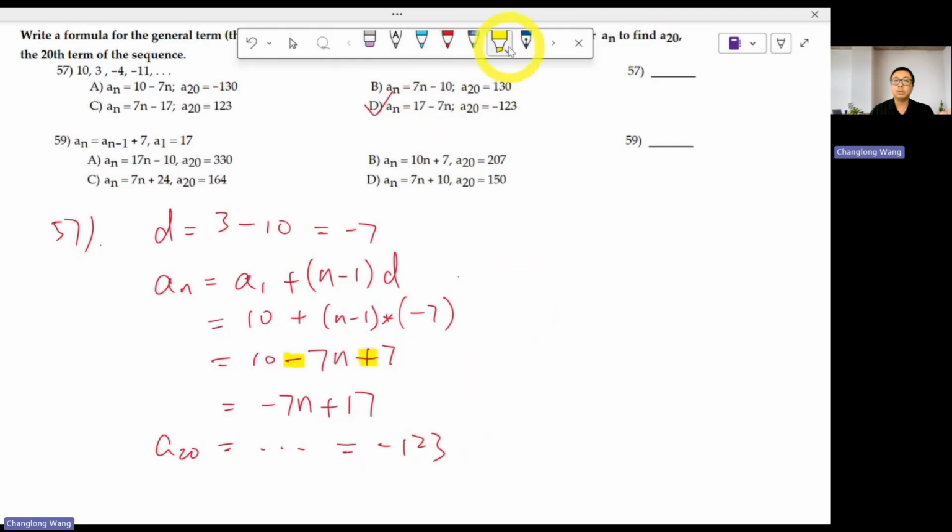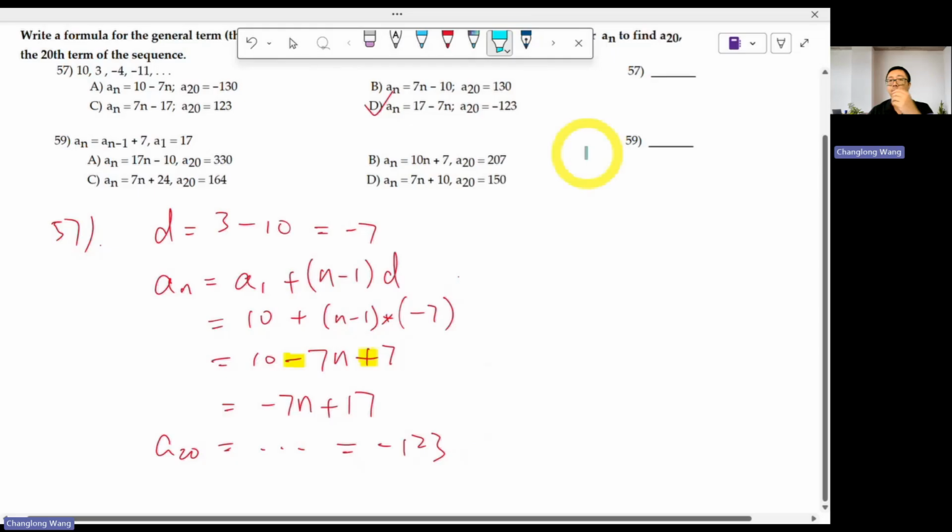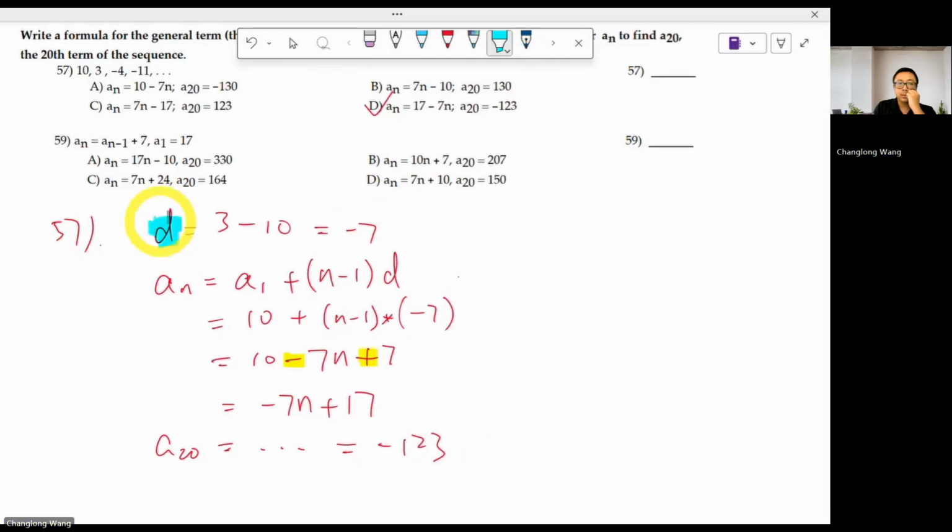Okay, so is there a better way to figure this out? Not necessarily to get you the right answer right away, but at least you should never look at something that's not going to be right no matter what. So here, the common difference is -7.